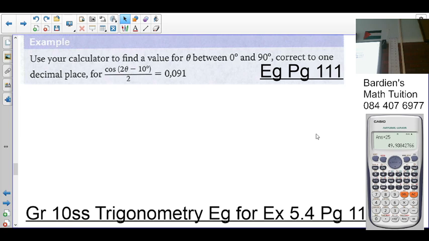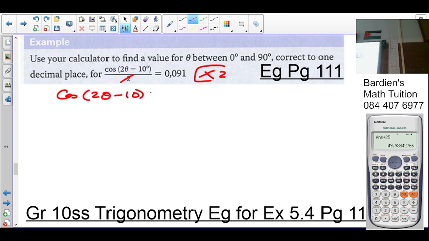You all understand? So if I multiply that by 2, that cancels. So it's going to be cos of (2 theta minus 10) is equal to, now you put on the calculator, 0,091 times 2 gives us 0,182.